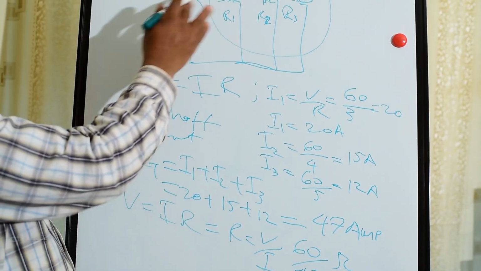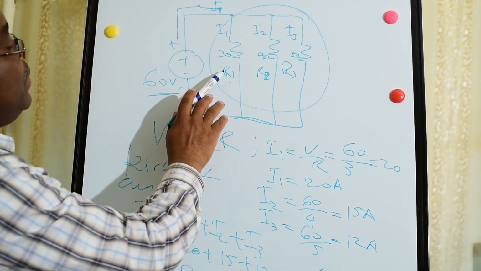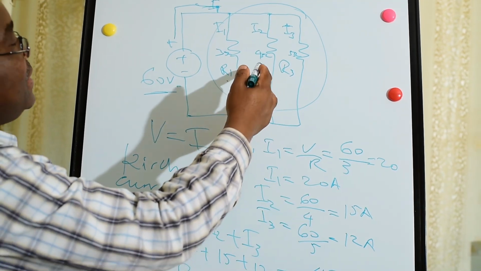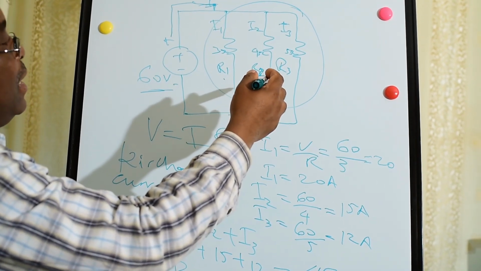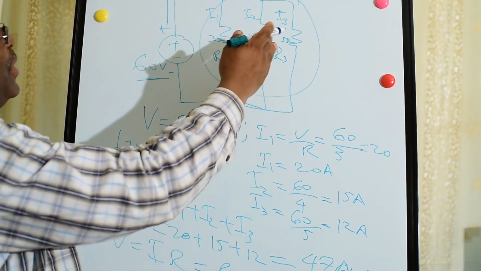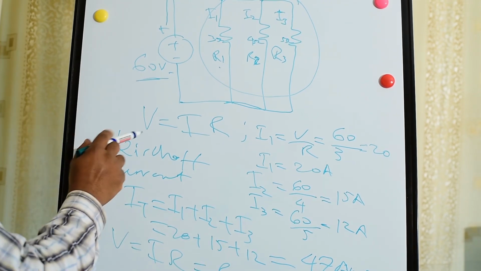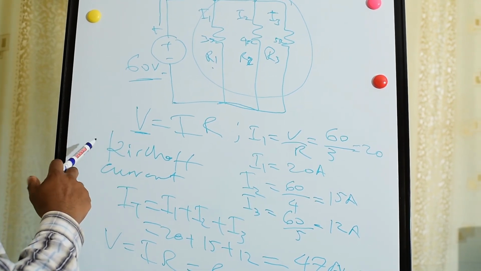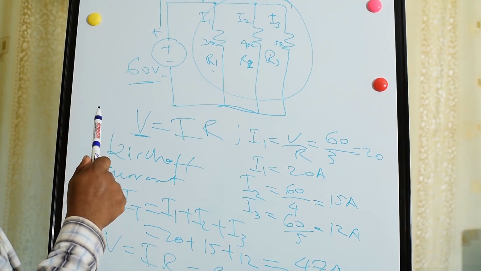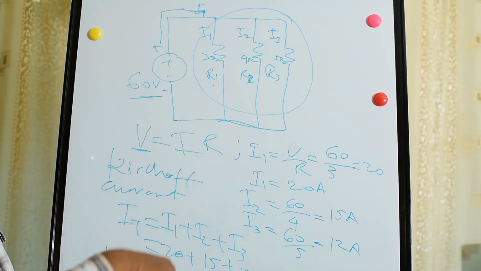So in this relation we have seen here, I1 is 20 because the resistance is small, I2 is 15 because the resistance is much bigger, and I3 is much smaller because we have increased the resistance. So if the voltage maintains the same, when you increase the current, the resistance should go down.